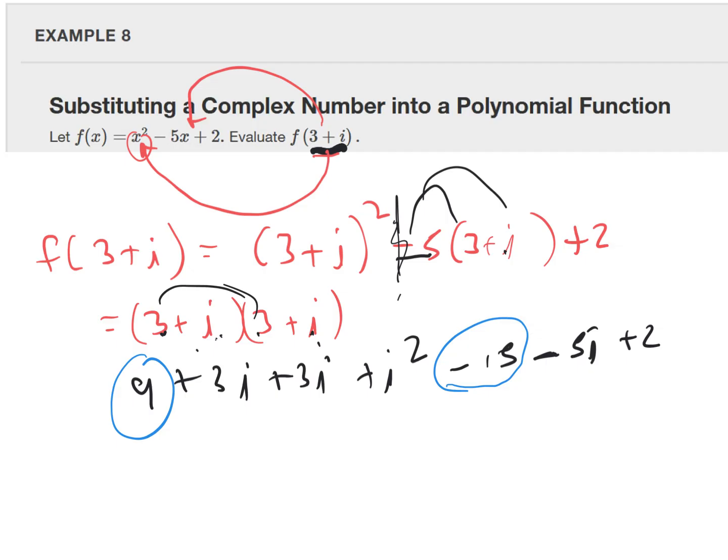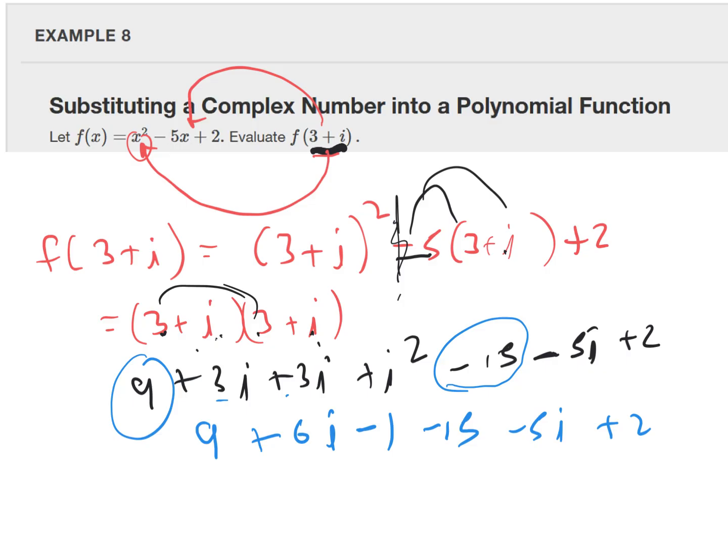Oh, I should break this down a little more here. 9 plus 3i plus 3i is 6i, plus i squared is plus a negative 1, so minus 1. Bring down my minus 15. Bring down my minus 5i. Bring down my plus 2. Okay, let's try this again.